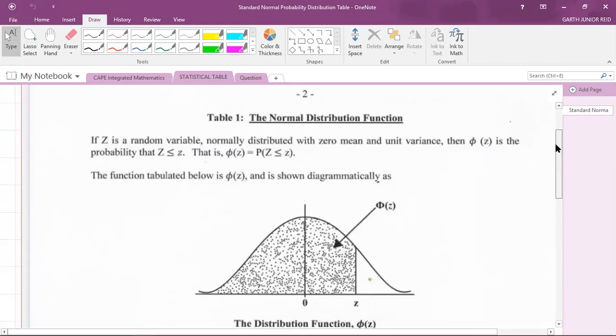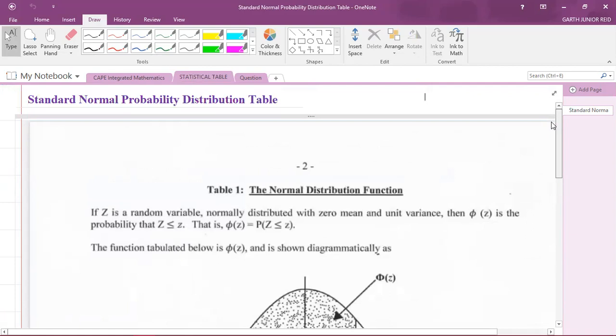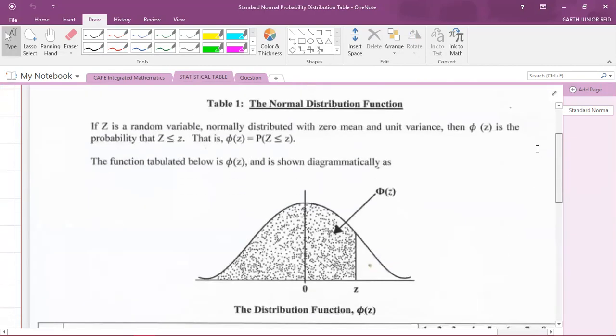This is the revised 2019 formula sheet table. If you look carefully, it says if Z is a random variable normally distributed with zero mean and unit variance, meaning that the variance is 1, then phi of Z is going to be equal to the probability of Z less than or equal to small z.